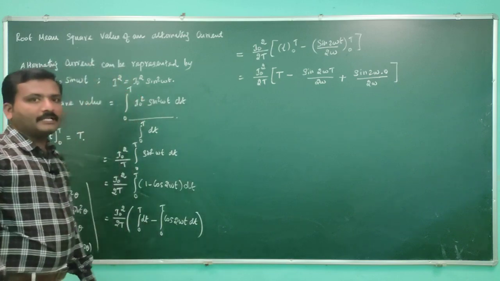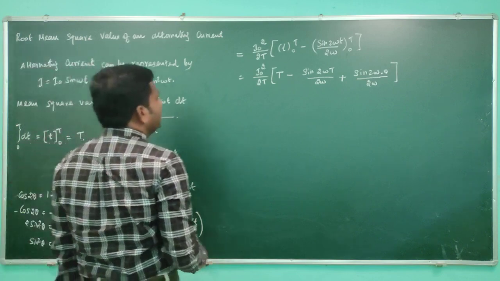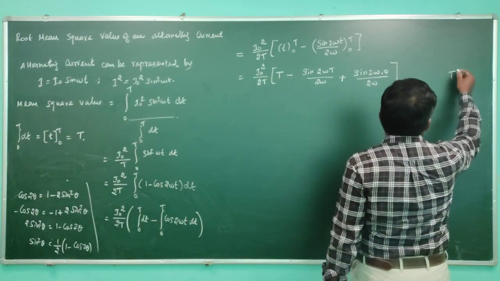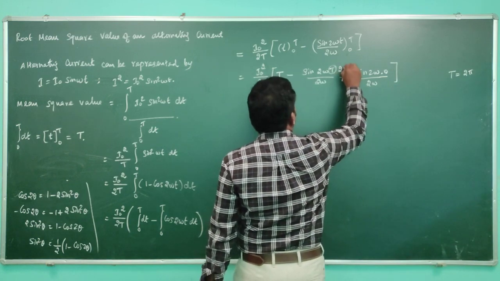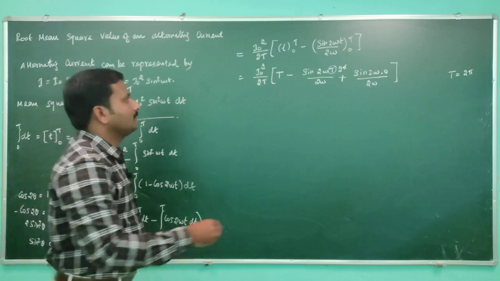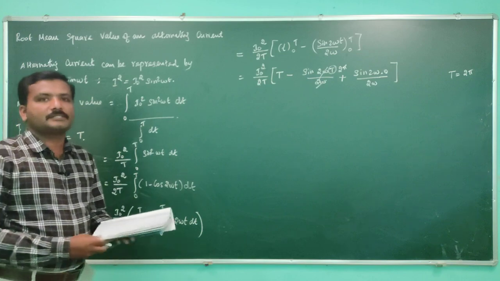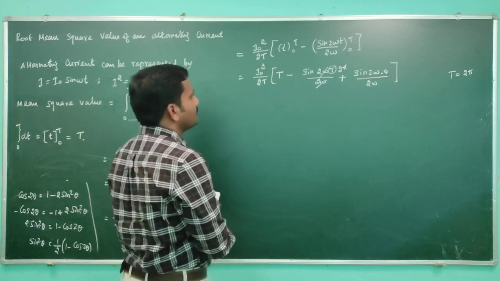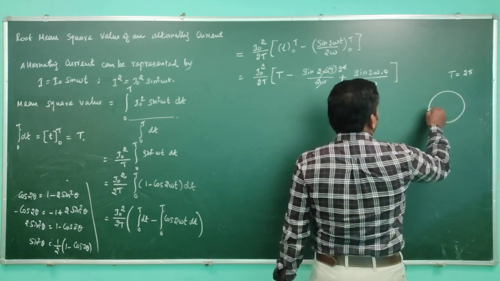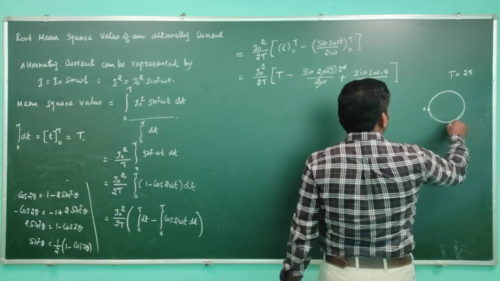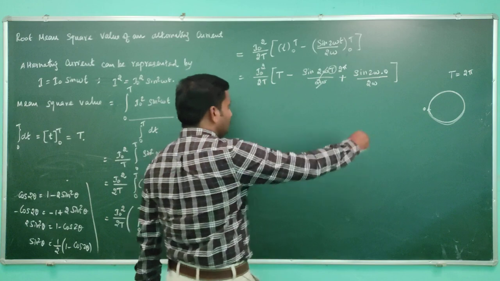Okay, let us evaluate this for a complete cycle. T is for the full cycle. For a complete cycle, T is nothing but 2 pi, so in this place you can apply 2 pi. Here this will cancel out. Sin 2 pi is nothing but sin 0. Sin 0 and sin 2 pi are the same. Why? Because in a complete cycle, starting from 0, 2 pi is 360 degrees, so 0 and 2 pi are the same, and both will cancel out.